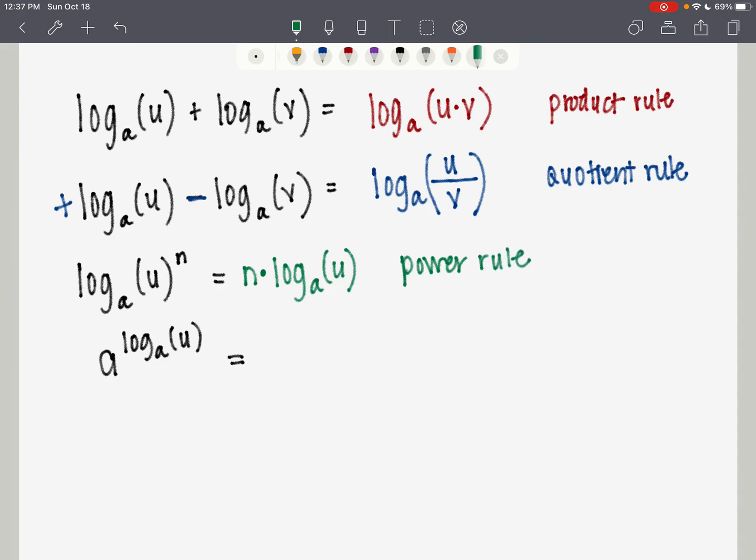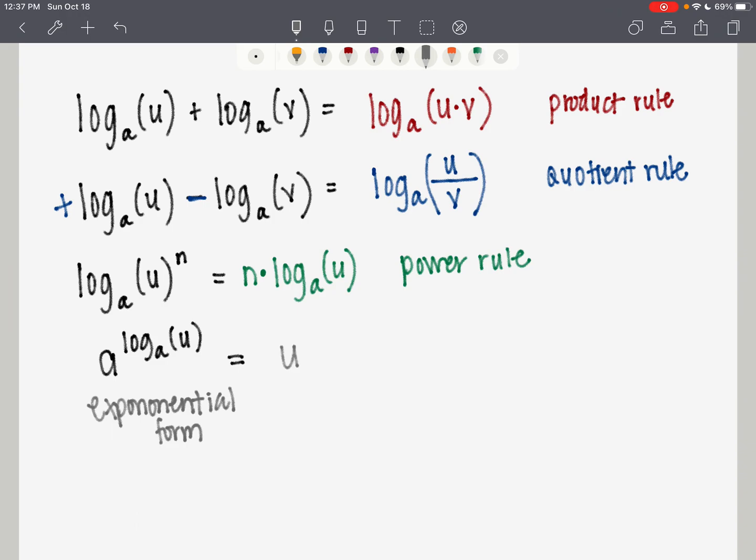And then here we have our basic definition of logarithms. This is exponential form. If I were to work on getting this out of exponential form, I would find that a raised to log base a of u is just equal to the argument of u.